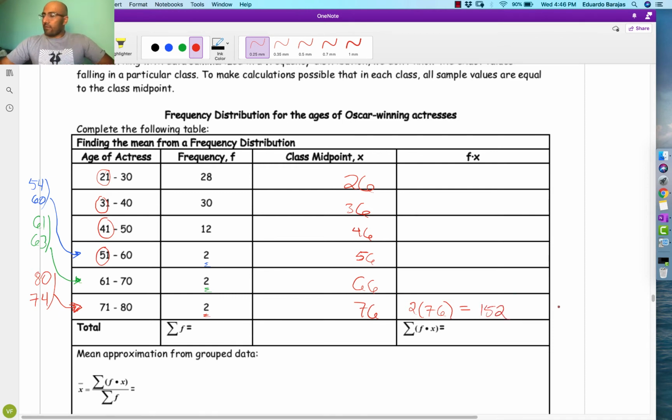And let's think about what that means. 152 is going to be the sum of the ages of those two people, or our best approximation of what the sum of the ages of those two people is.